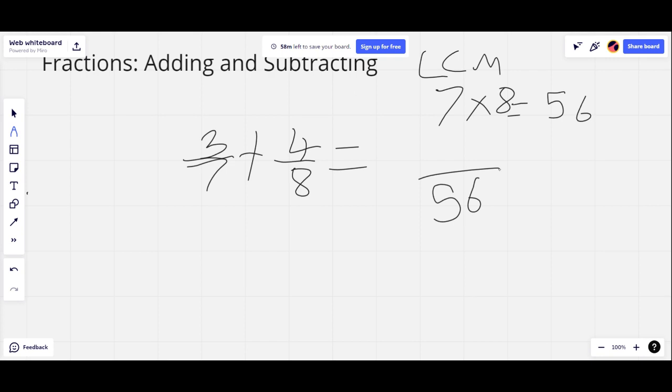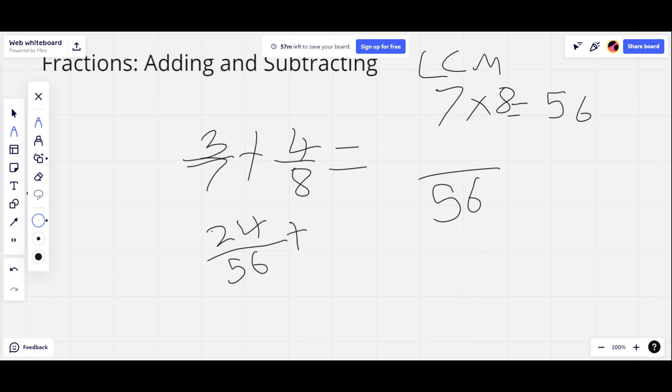So we have 56 as a denominator, but because 7 times 8 is 56, we also need to do the same to the numerator. So 3 times 8 is 24. So now we know that 3/7 equals 24 over 56.